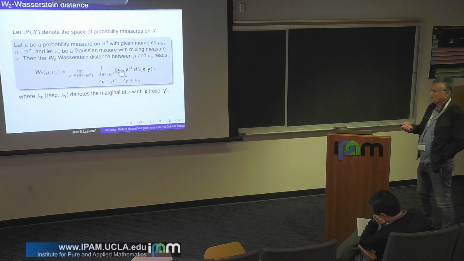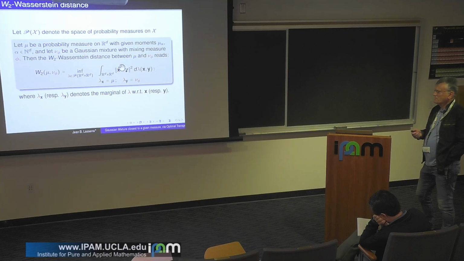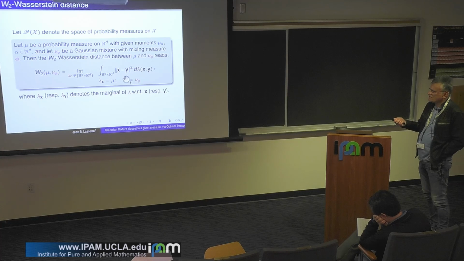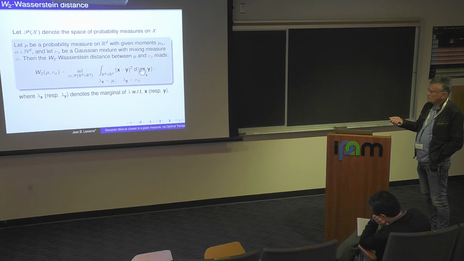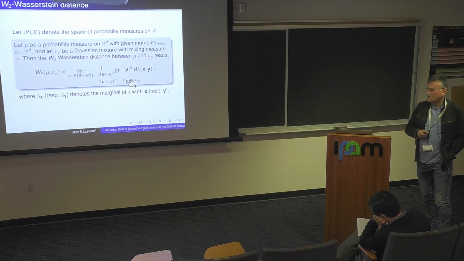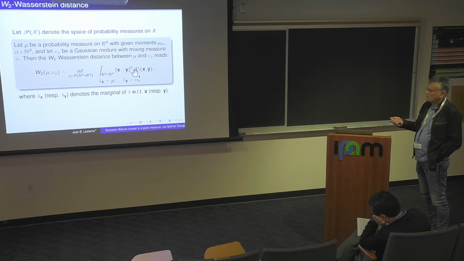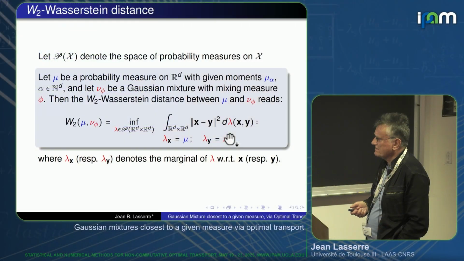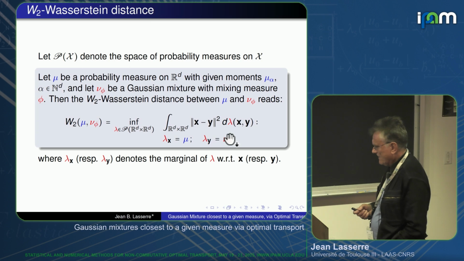You minimize, for example, the integral of |x minus y|^2, under the constraint that the marginal with respect to x of lambda is just mu, and the marginal with respect to y of the joint distribution is nu_phi precisely, okay? So this is classical, okay?